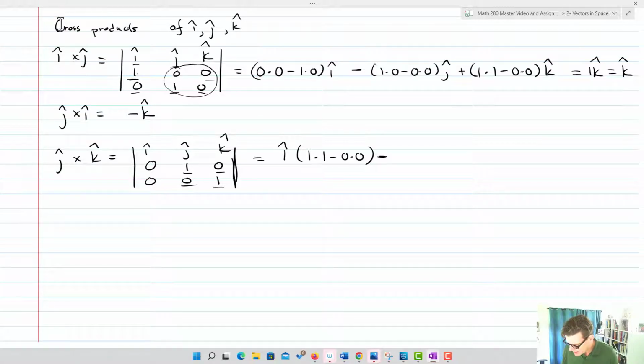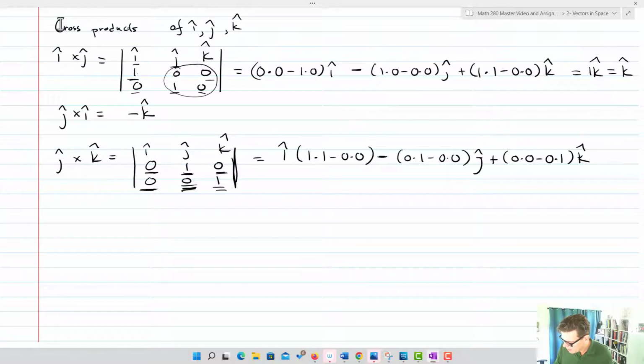Then minus, and the j is 0 times 1 minus 0 times 0, j, plus the k is 0 times 0 minus 0 times 1, k.